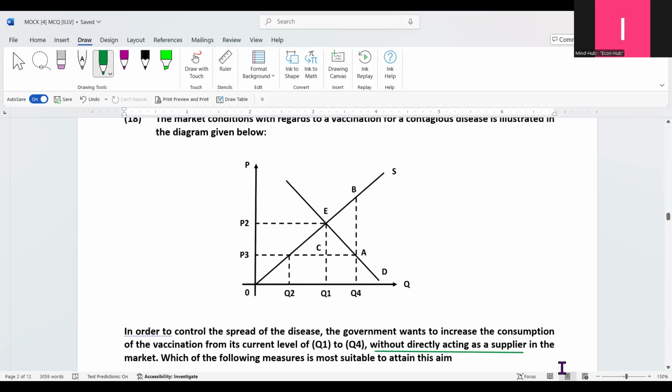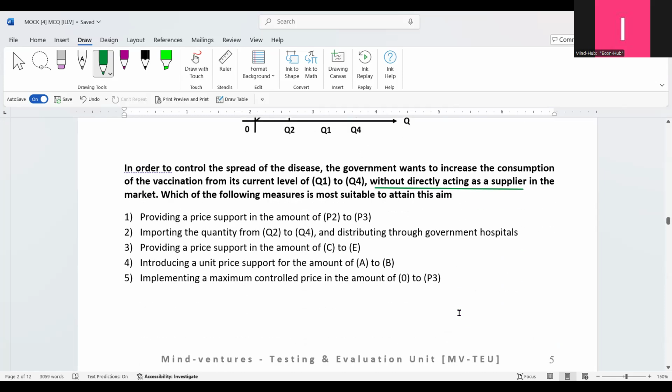So basically, you have to move the supply curve to this point. That is point A, isn't it? Or you have to move the demand curve to point B. These are the options government has. Right.